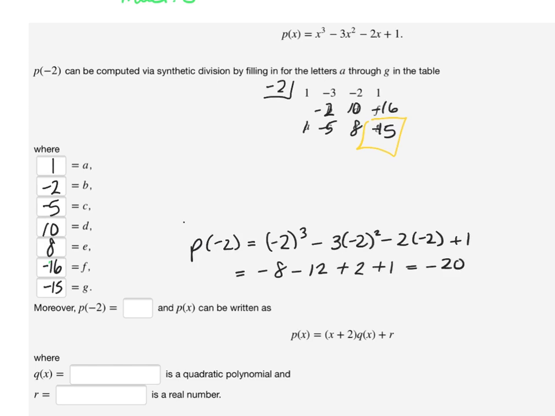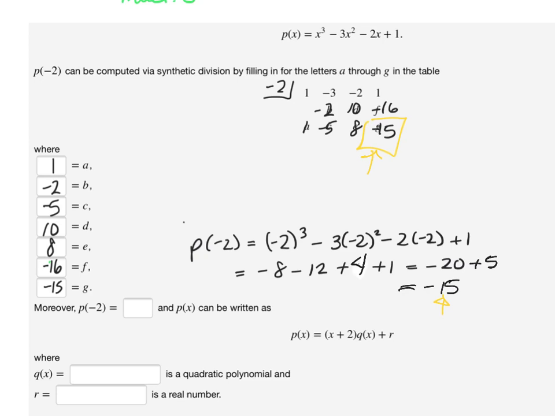And then, let's go back. This should be 4. So negative 20 plus 5, well, what's negative 20 plus 5? It equals negative 15. So you can find the remainder by doing synthetic division, that's right here. Or you can put that number in, and that also is your remainder.